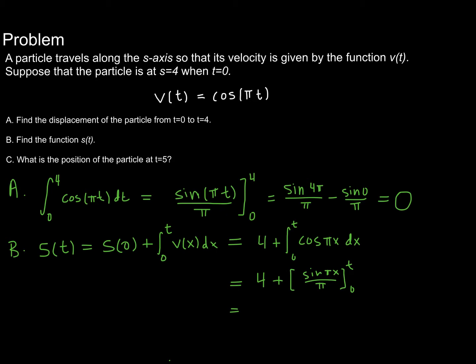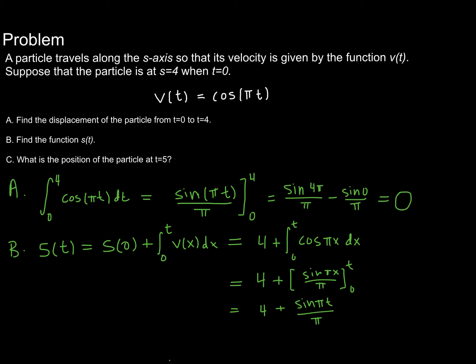And this will give me 4 plus sine of pi t over pi minus sine of pi times 0 over pi. Well, notice sine of pi times 0 is always 0 because it'll be sine of 0.